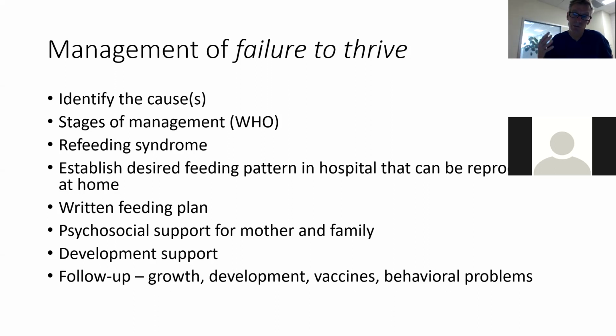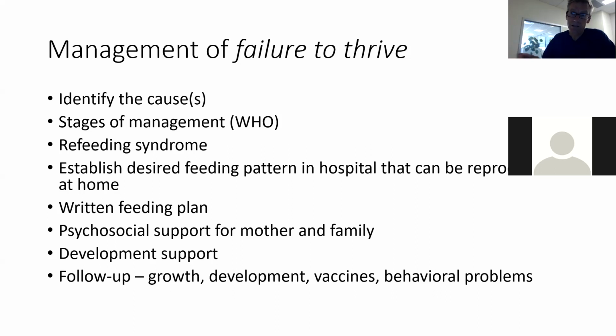And remember to identify the causes and try to understand the mechanisms of failure to thrive. Follow the stages of management that WHO has set out in the guidelines. In the Hospital Care for Children book and in our standard treatment book, the management is very clear. Be aware of refeeding syndrome and the mechanisms of refeeding syndrome and what you can do to prevent it.